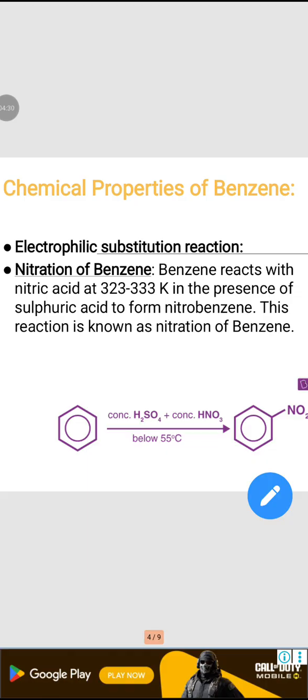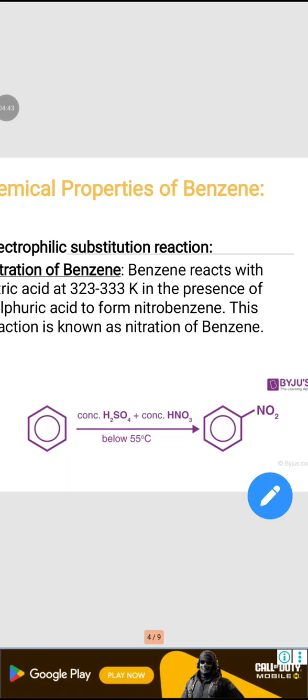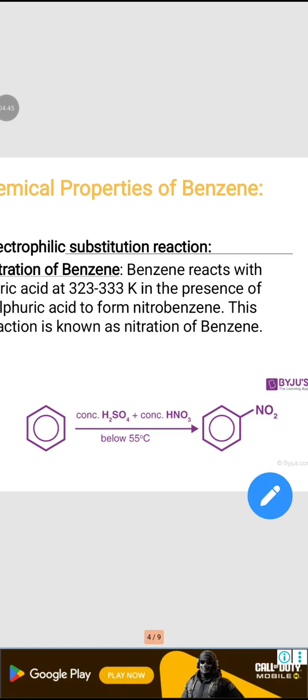This reaction is known as nitration of benzene. Benzene is heated below 55 degrees Celsius, so 323 to 333 Kelvin, with concentrated H2SO4 and concentrated HNO3 to form nitrobenzene.